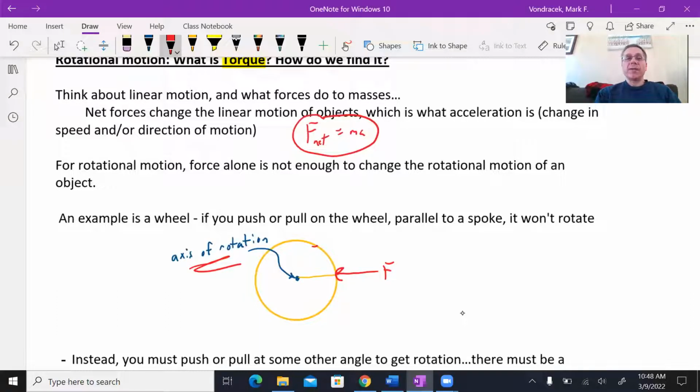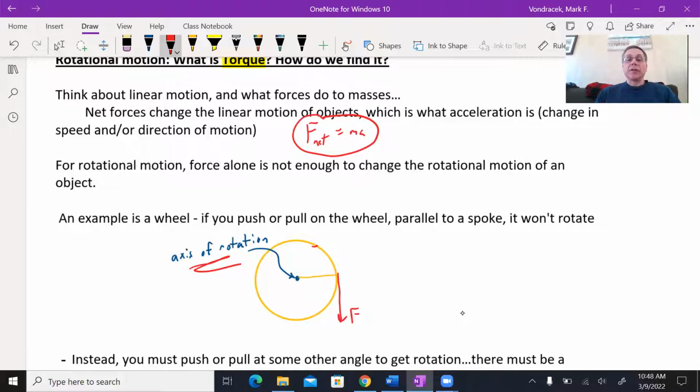What do you have to do to make it actually spin? Well, instead of pushing along the spoke, what if you pull on the edge of the wheel? Maybe like pull it down or something like that. When you pull down on it or push on the spoke in a downward direction, then it spins.